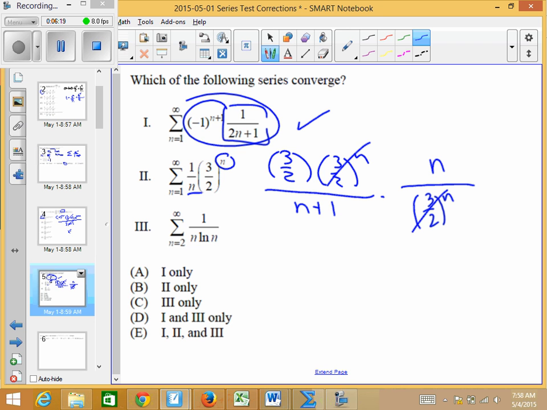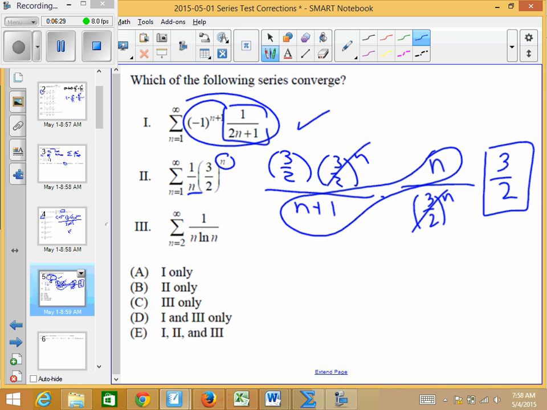Certain things cancel out. This whole piece approaches infinity, so we have a number bigger than 1. So this series must diverge. That helps us pull out some answers already. You know 1 is going to work, 2 is not.